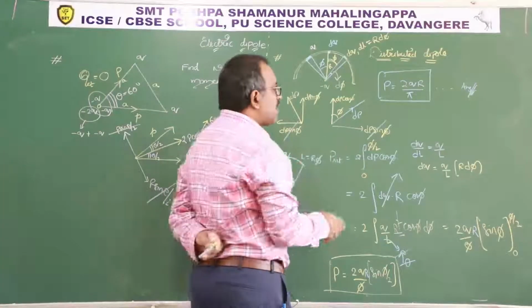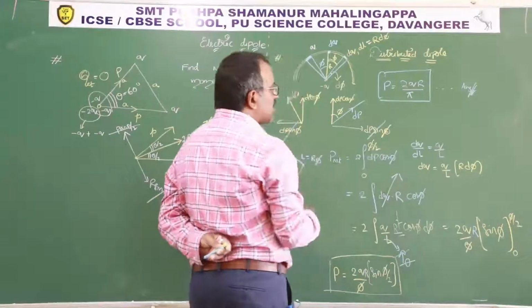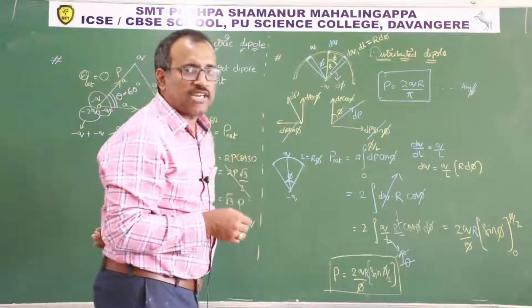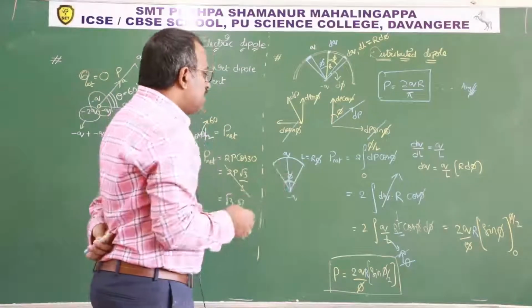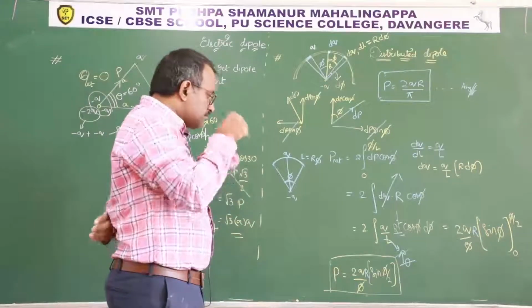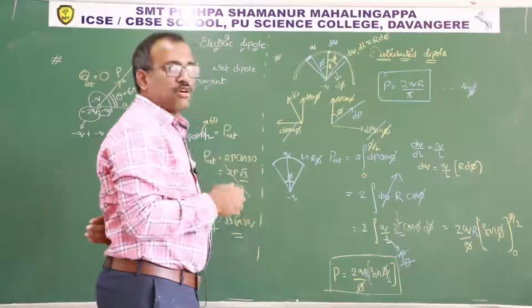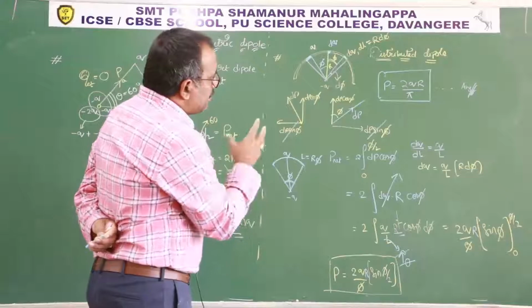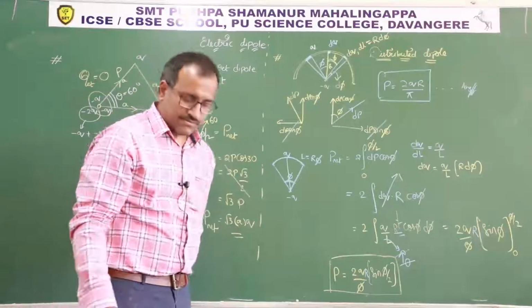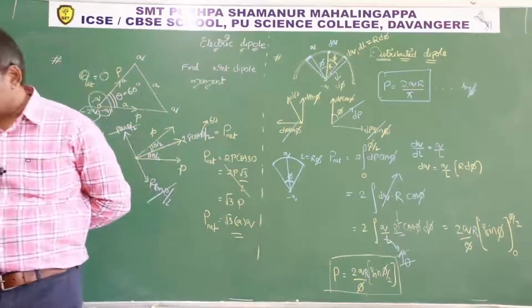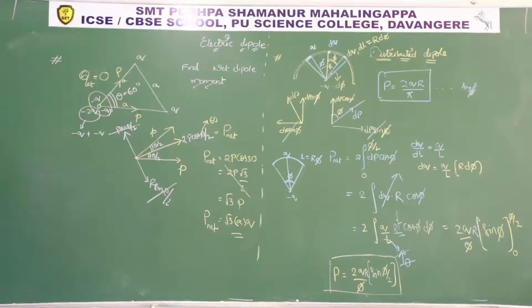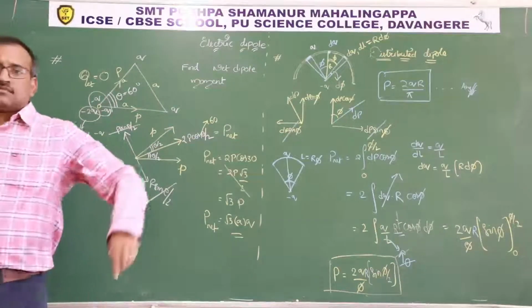Remember, 0 to pi only into dp cos phi. Clear? And then everything will be clear. Hope so understood. Read it, practice it thoroughly. Clear?